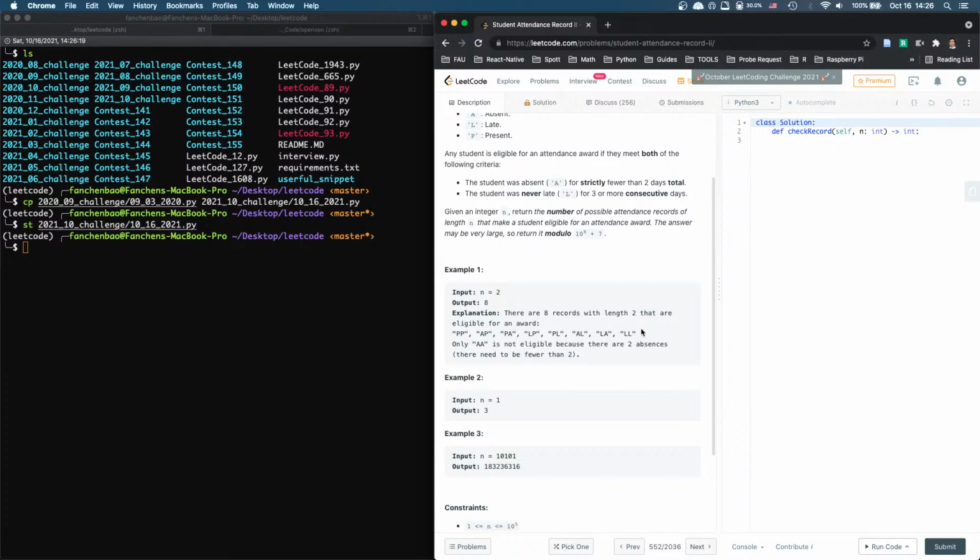So this is 0, 1, which is 4, plus 4. Do not allow A, but we can allow L, and we cannot allow both. That's the only situation we can do: do not allow A, but allow L.